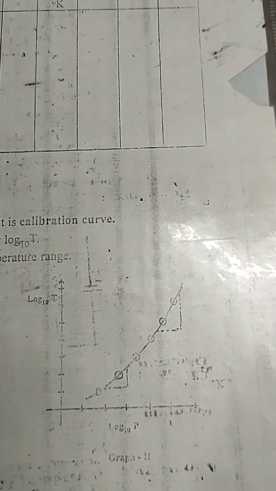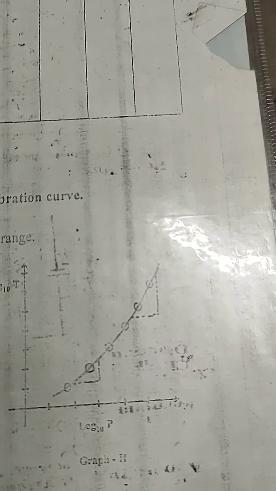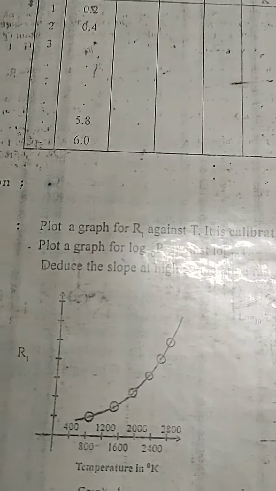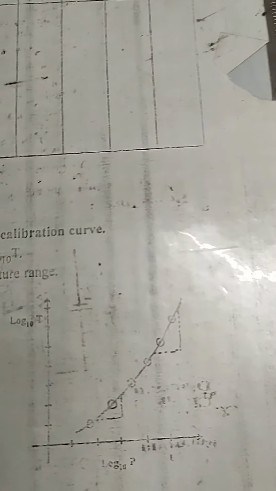With the help of that graph you will find out the log graph also, log of T on y-axis and log of P on x-axis. Both the graphs you have to draw, and after drawing these you have to write down the result. I will post the chart PDF afterwards. So this is how you have to perform this experiment.